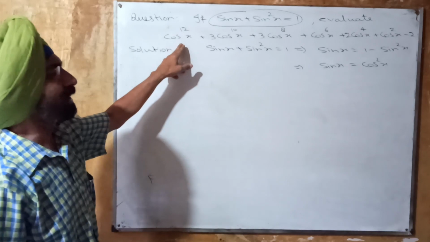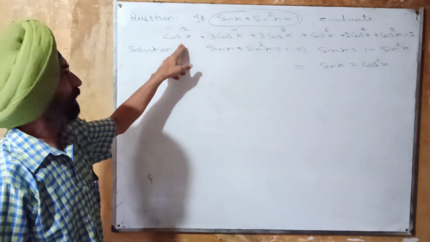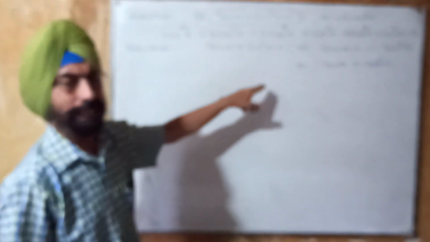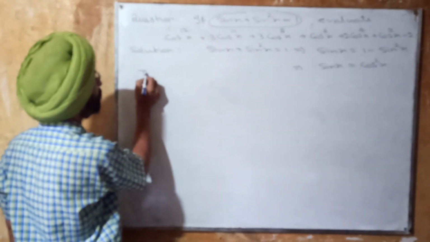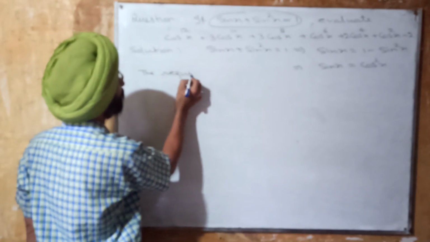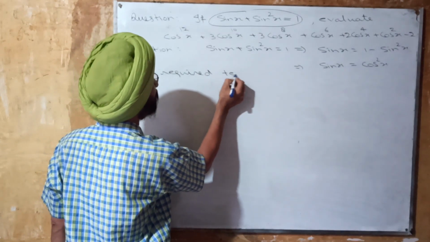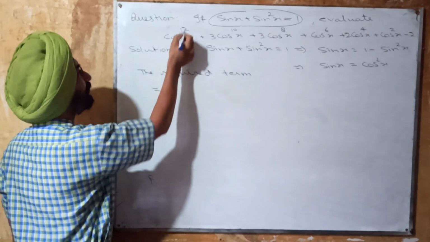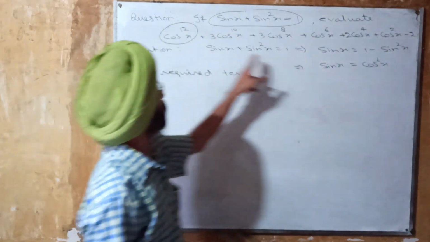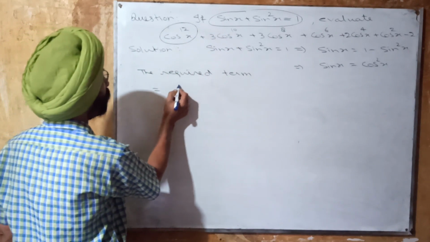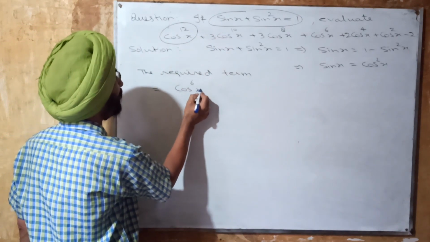So whatever is required to be evaluated, replace every cos square x by sin x. So the required term is equal to this cos power 12x, because cos square x is sin x, so this cos power 12x will become cos raised to the power 6x.